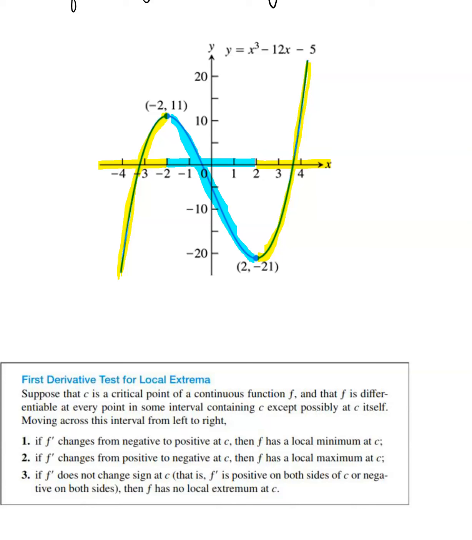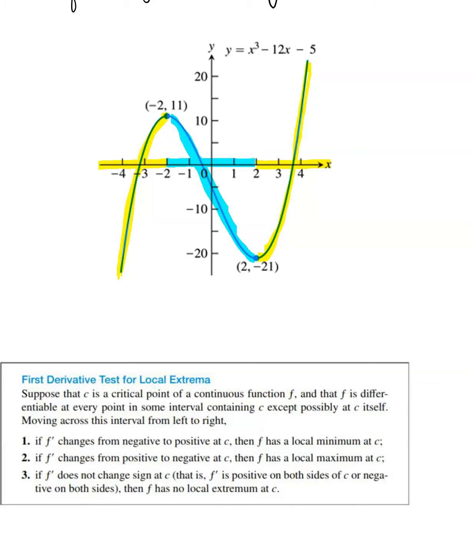Now, based on this, we have a first derivative test for local extrema. What we saw previously was called the first derivative theorem, and this is actually a test. Let's read this. Suppose that C is a critical point of a continuous function f, and that f is differentiable at every point in some interval containing C. Moving across this interval from left to right: 1.